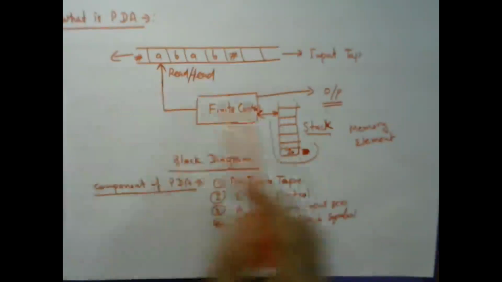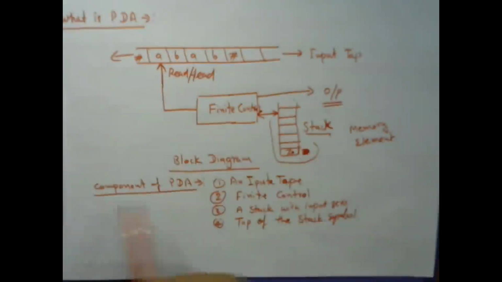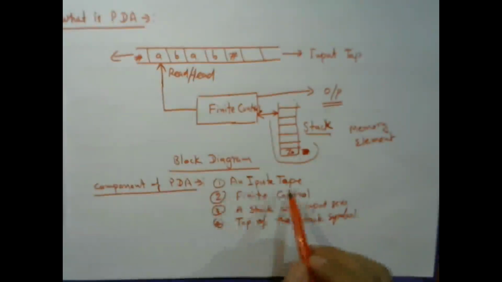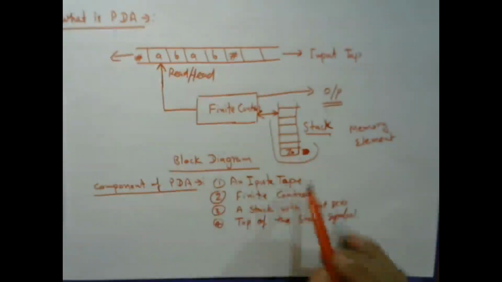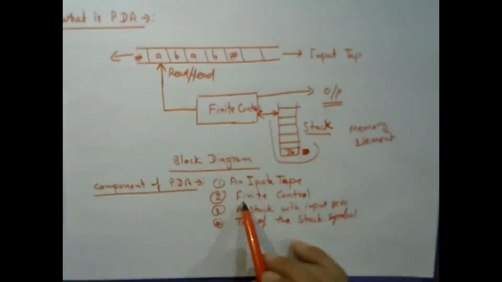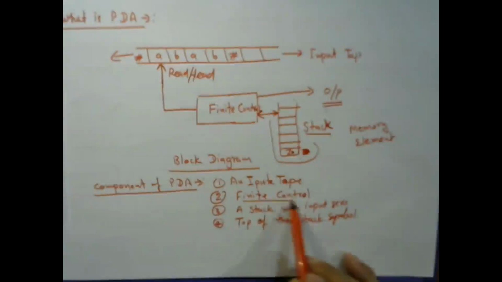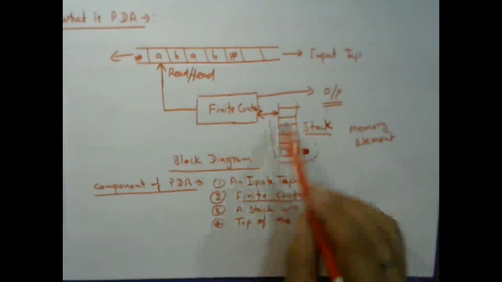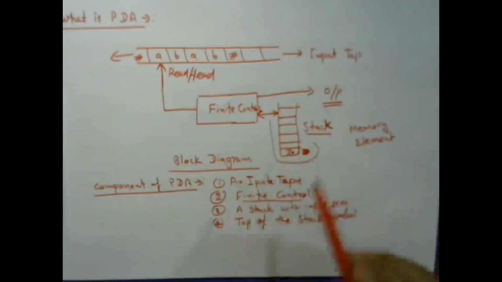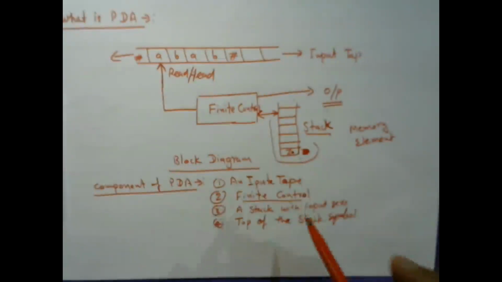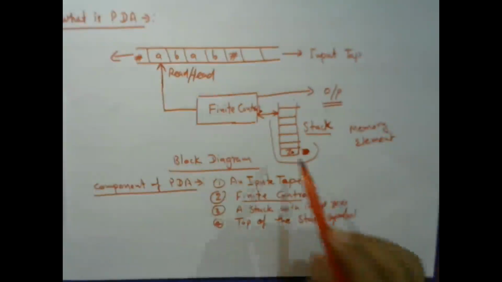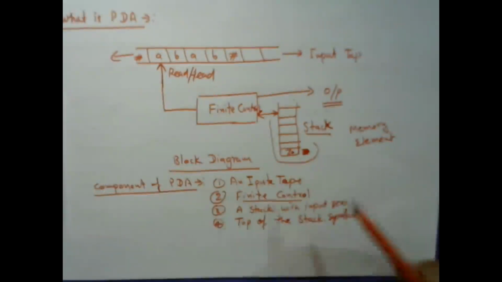This is the block diagram of the PDA, and the components of the PDA are the input tape, which is the same as in the finite automata, the finite control, which is also the same as in the finite automata, and the stack. In that stack, we always use Z0 as the top symbol at the beginning of the stack when the processing starts.